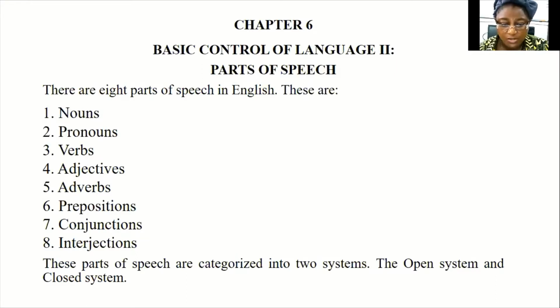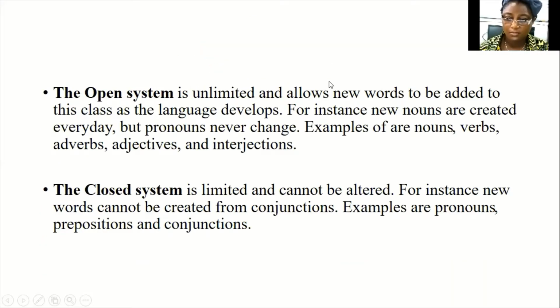These parts of speech are categorized into 2 systems: the open system and the closed system. The open system is unlimited and allows new words to be added to this class as the language develops.